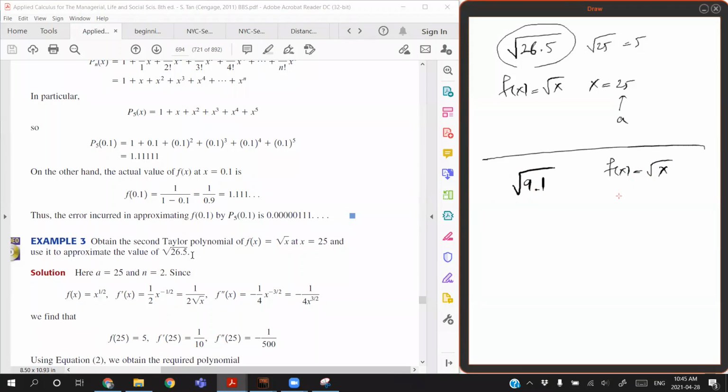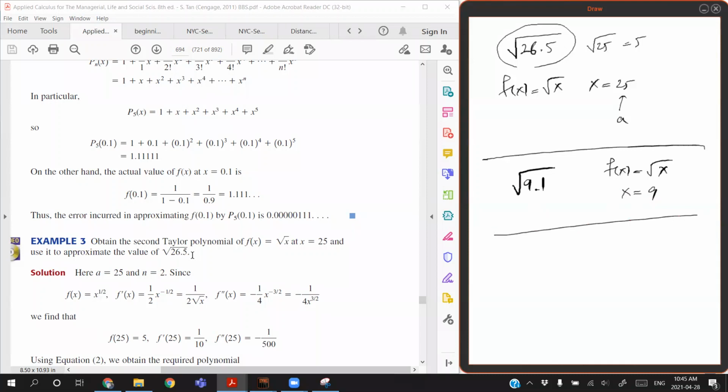And then I need to center it at 9, because 9 is the closest perfect square to this. And I can easily get the value of the function at 9. I can easily get the value of the first, the second, the third, all the derivatives at 9.